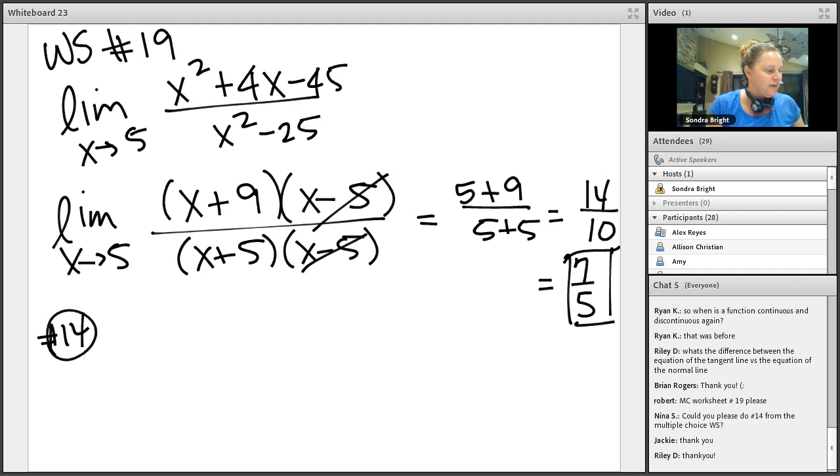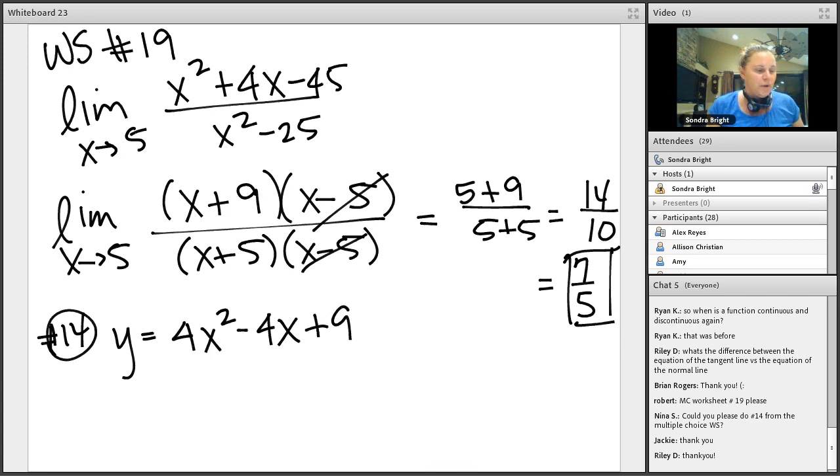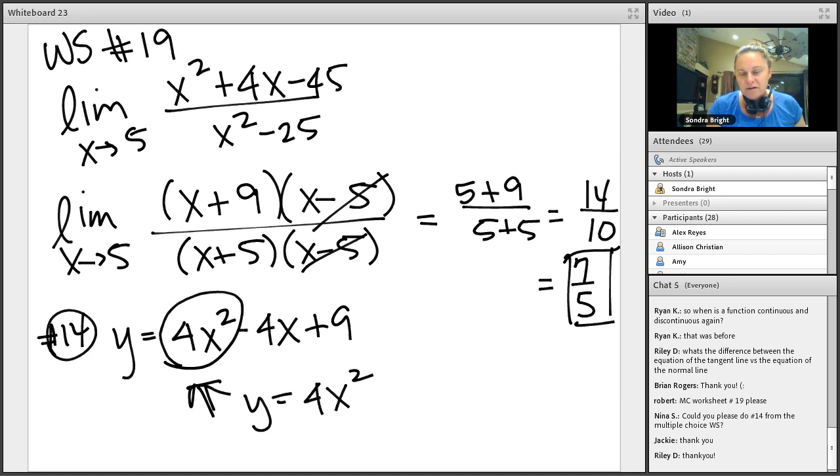Number 14, find a power function end behavior model. When it's a polynomial like this, you're just going to take the largest exponent with its coefficient. Your end behavior is y equals 4x squared. I could prove that by dividing on both sides, left and right. But think about it this way: as you zoom out, the 4x squared ends up being the most powerful part.